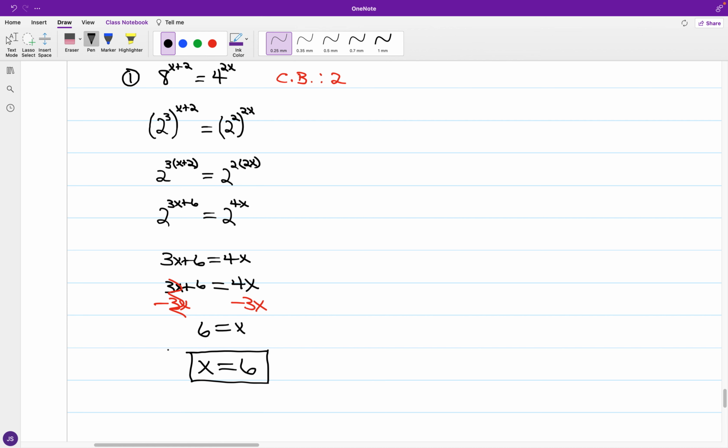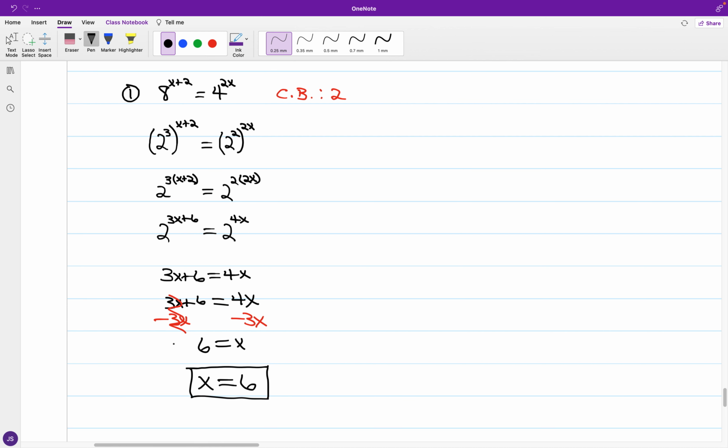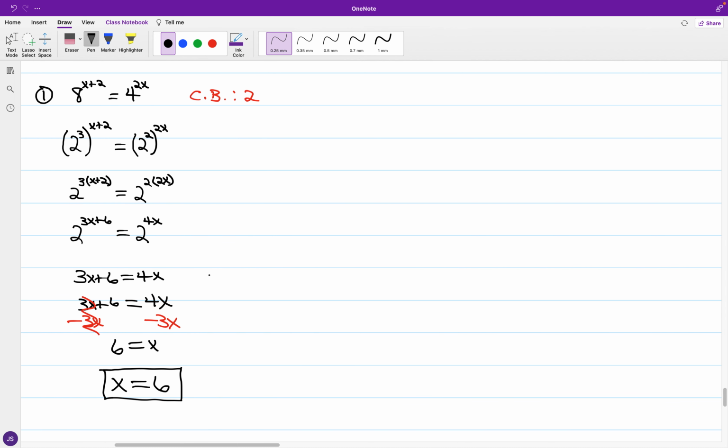Okay, and now, another case of what we have for exponential equations, those that share a common base.